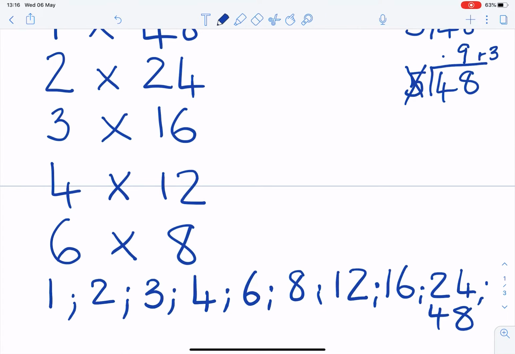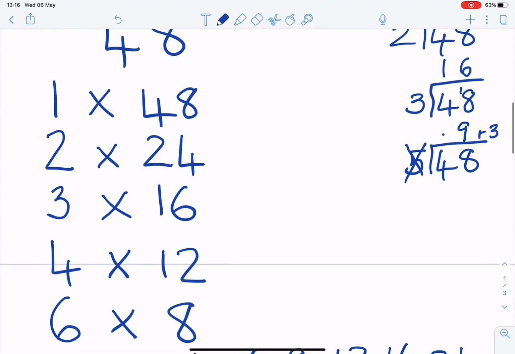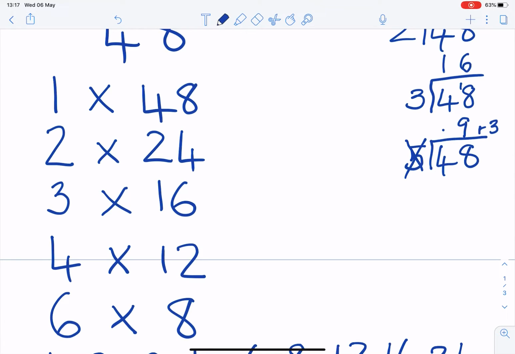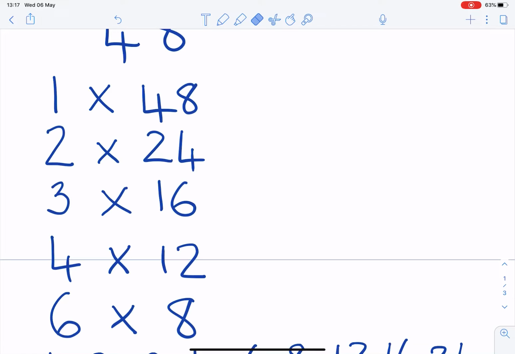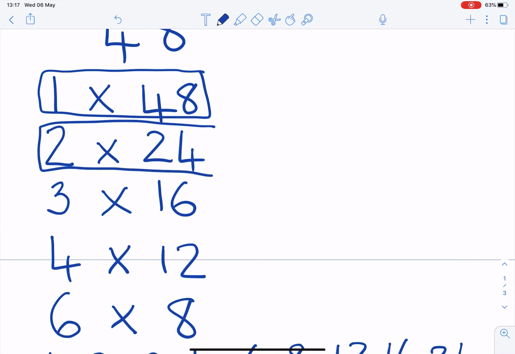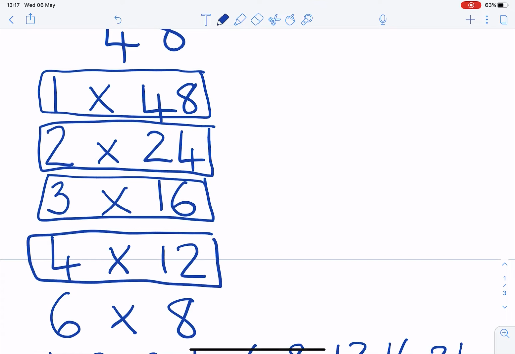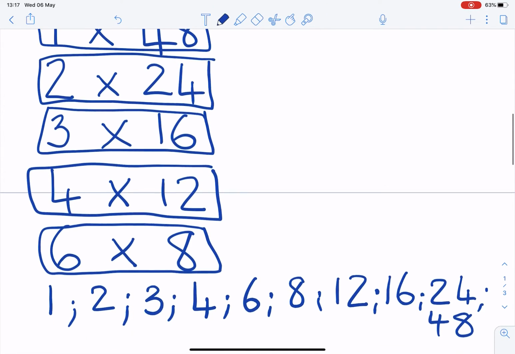Right, so now, it's important that you know the difference between factor pairs and factors. These are your factor pairs. Remember, a pair is 2. So your times tables give you the factor pairs.